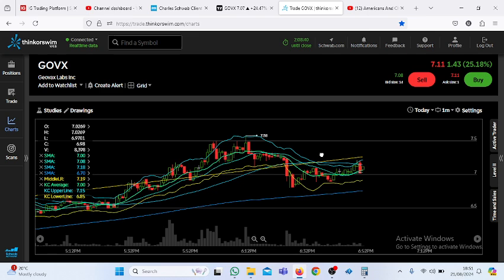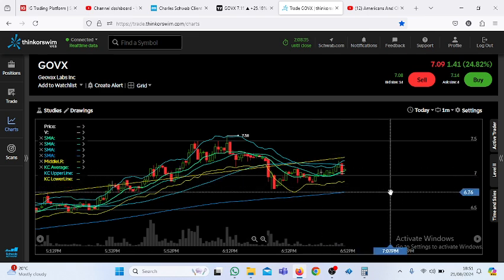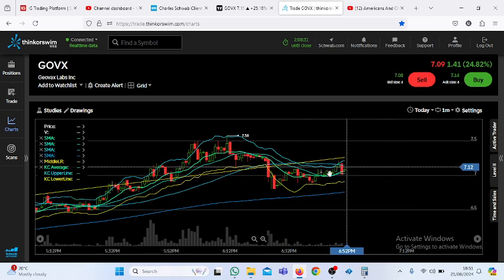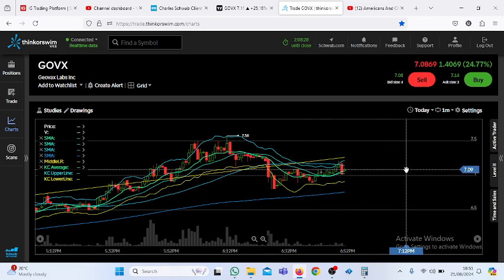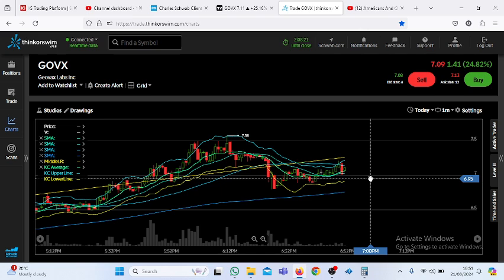We're looking at what looks like a consolidation, but with an upward trend on this 1-minute chart, and within its price channel. I think it's getting support from its 10-period moving average.